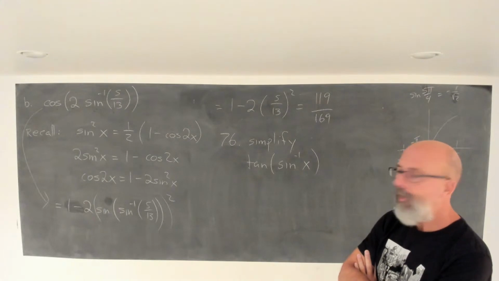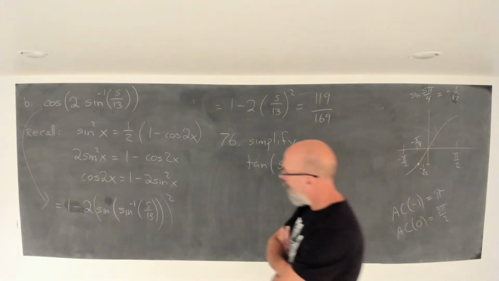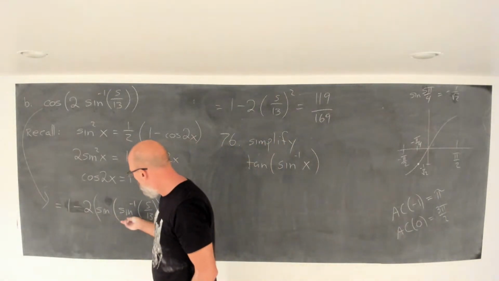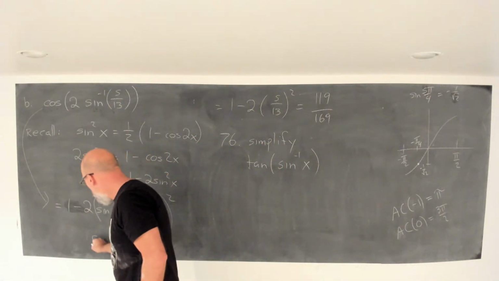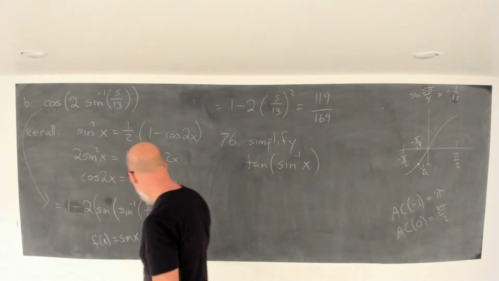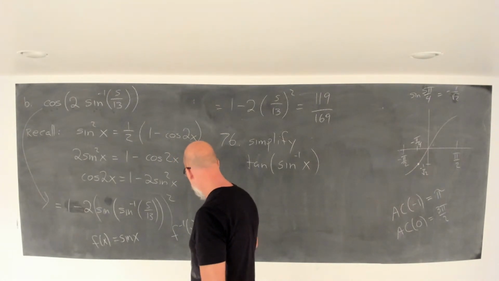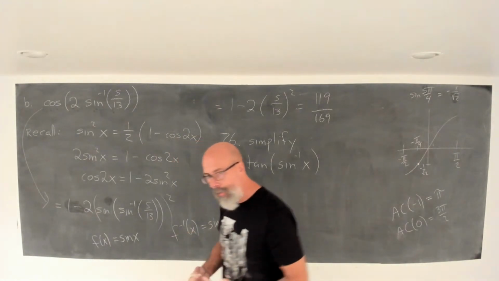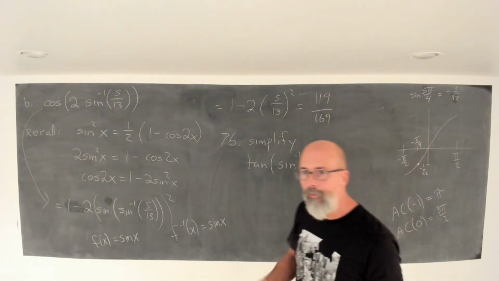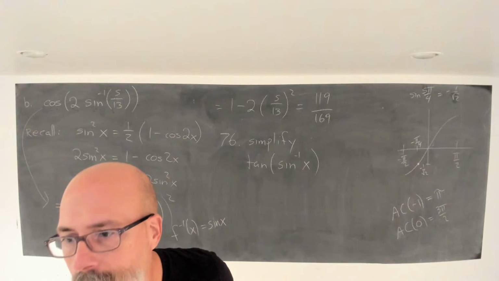How did the sine functions cancel? Somebody want to address that? If f of x is sine x, f inverse is arc sine x, and you know that the composition of a function and its inverse gives you x.